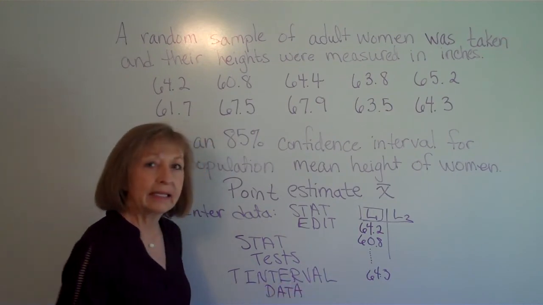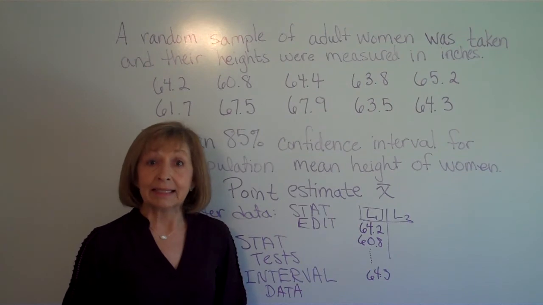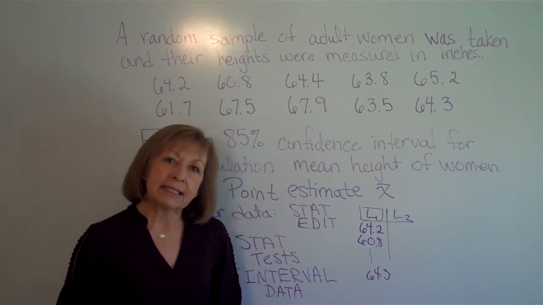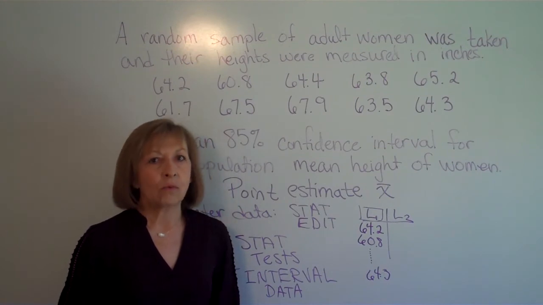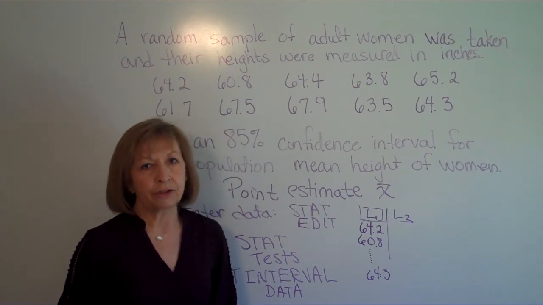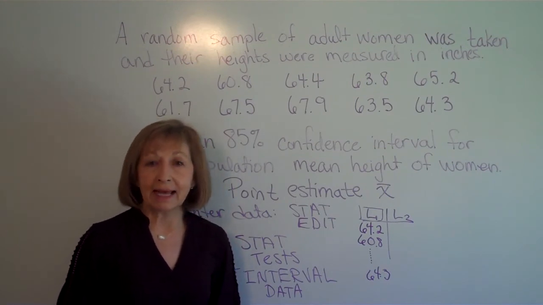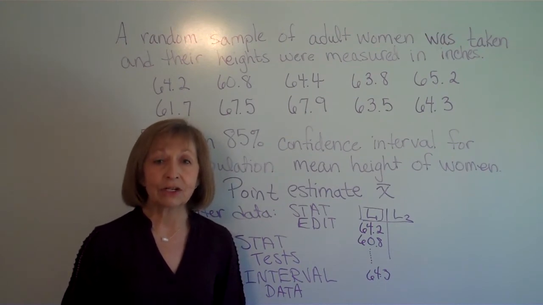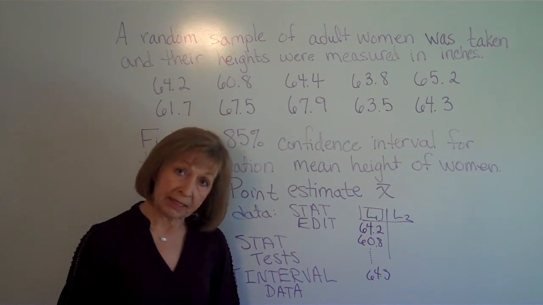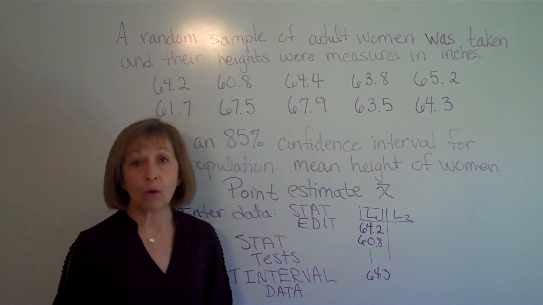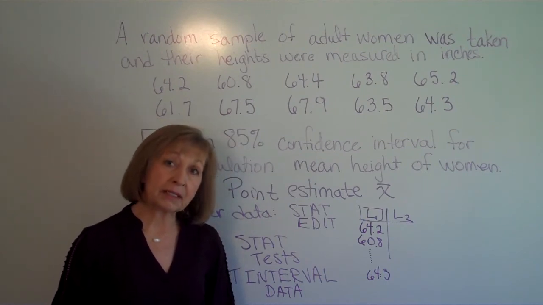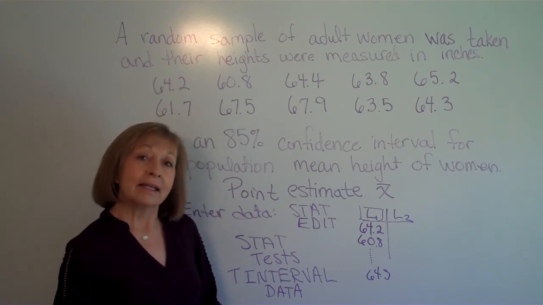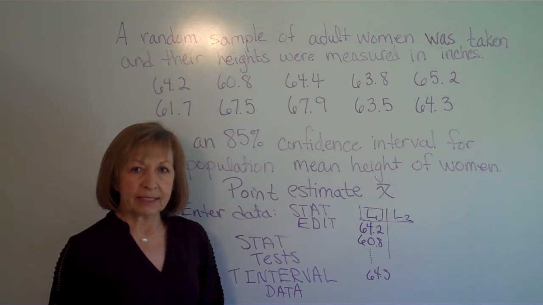So you're going to pick the Data choice, and then it's going to ask you what list your data is in. So when you look at the list that your data is in, if it says L1 and you put it in L1, then you're good to go. If it's not showing the same list that you put it in, or if it doesn't have a list, you push the second button and then the number 1 for L1, the second button, the number 2 for L2, etc. Next thing it's going to ask you is frequency.